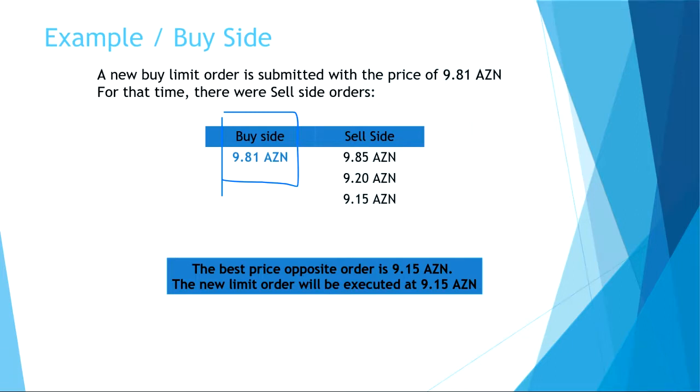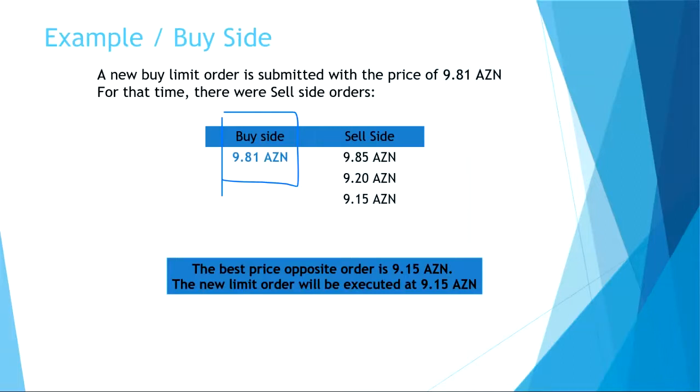And we have three price levels, each with a quantity of 1. The lowest one is 915, second is 920, and the last one is 985, right? These are limit orders submitted in the market, and there is nothing on the buy side. They are waiting on the sell side, in the order book, right?